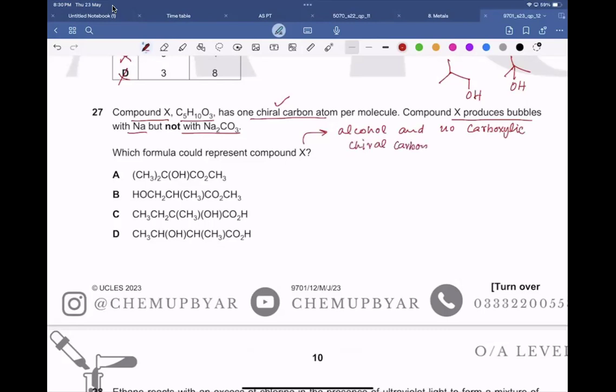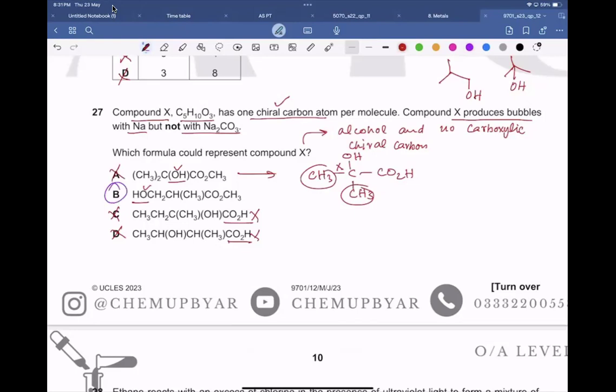Because if we are not getting bubbles with sodium carbonate, it means there is no carboxylic acid in it. So if you see, these two contain carboxylic acid, so C and D go wrong. These two both contain alcohols, but if you draw A, you see CH3, C, CH3, OH, and CO2H. So 2 carbons are the same, so no chiral center, so A goes wrong. It means B is the correct answer.